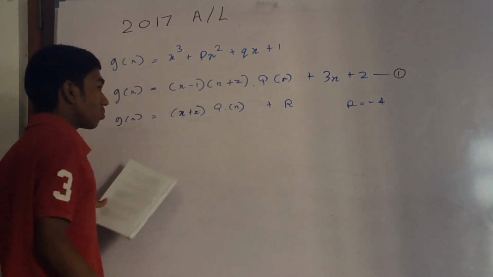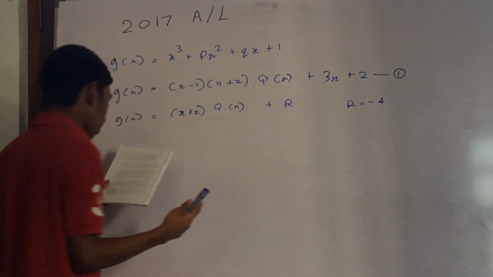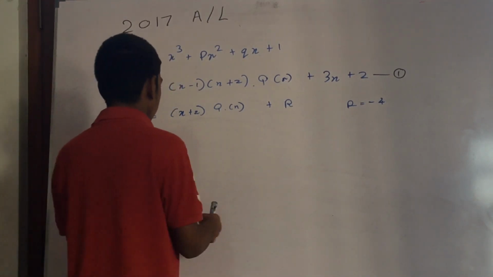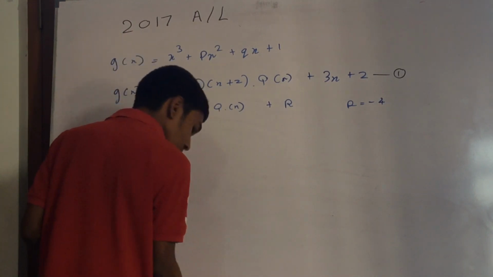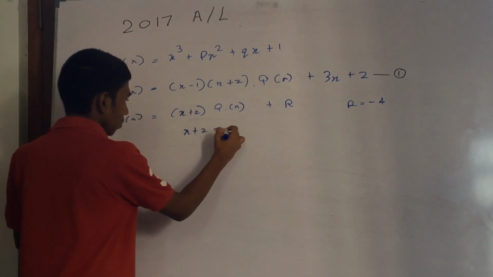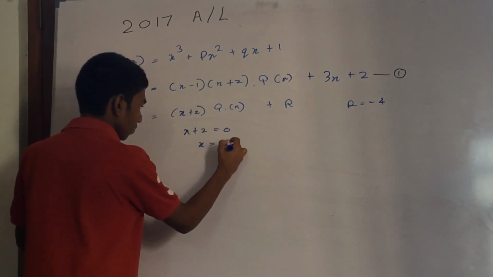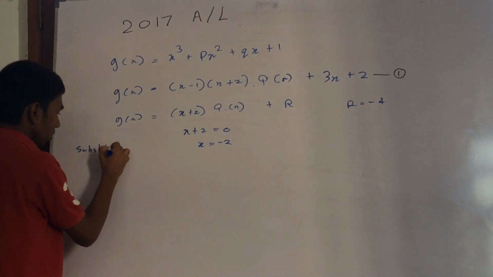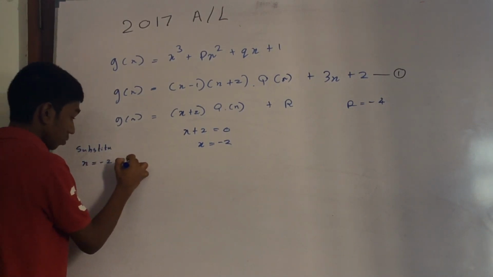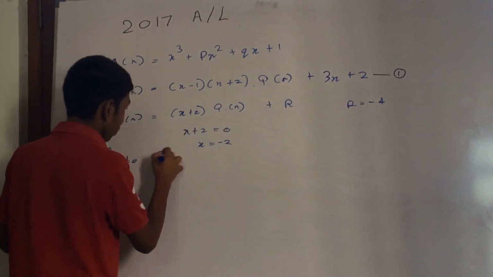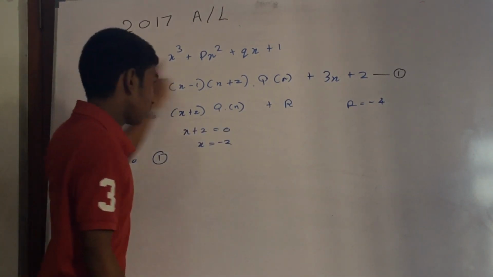Show that the remainder when g(x) is divided by x plus 2 is minus 4. Again, as we did earlier, we should equalize this to 0. x plus 2 is equal to 0, x equals minus 2. So we should substitute x equals minus 2 into the first equation of this polynomial.